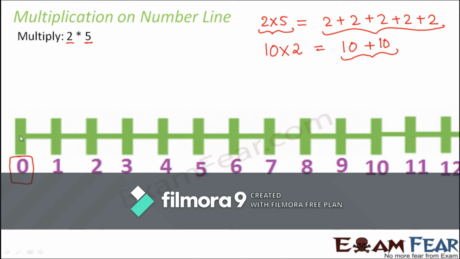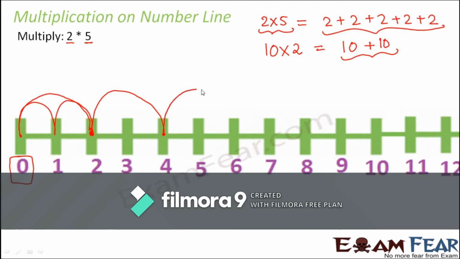Now you are adding something, so you will move towards the right. So 1, 2. This is the first time you added 2. Basically this is your one jump. How many times do you want to add 2? 5 times. So let's add it a second time.